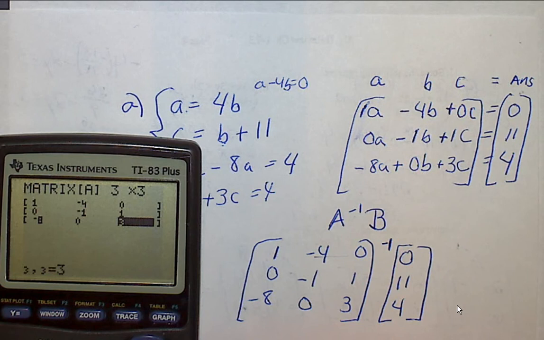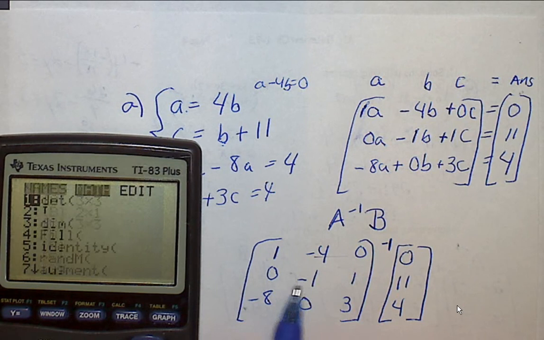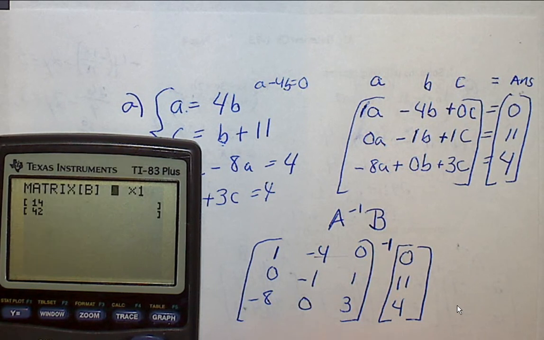Alright, so I've checked it, make sure that's right. It is. So now I go second matrix, and now I'm going to edit B. So I'm going to edit 2. And that is a 3 by 1. And that's 0, 11, and 4. Make sure you always push that enter.